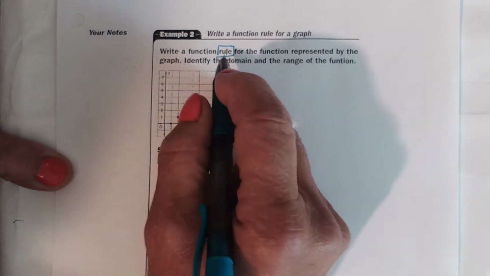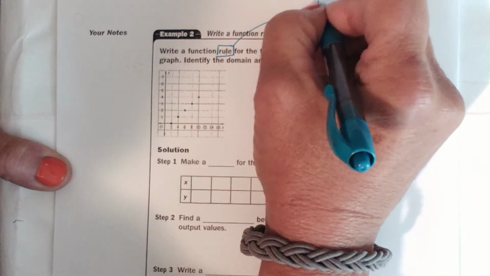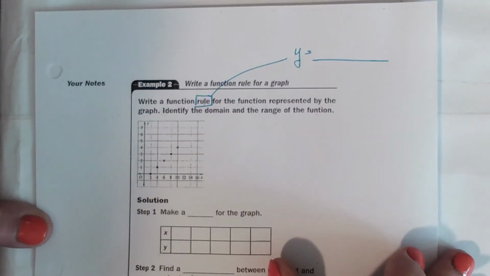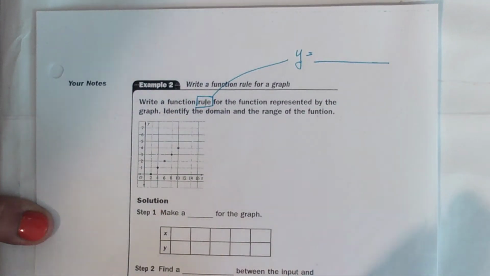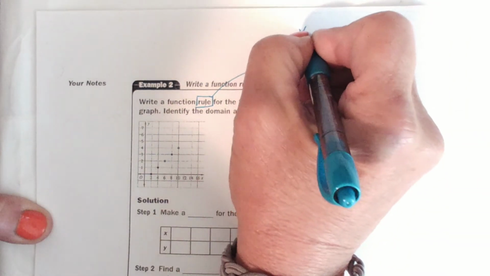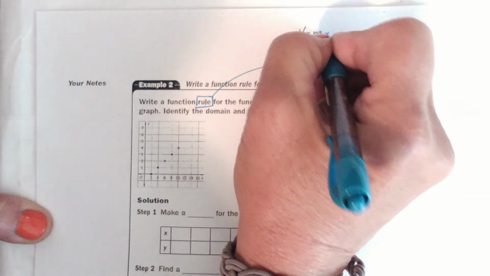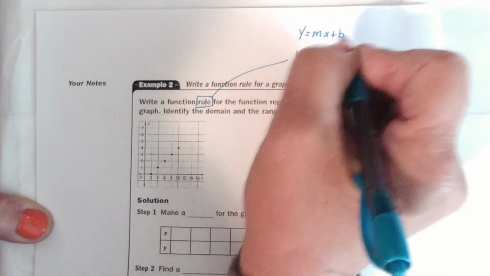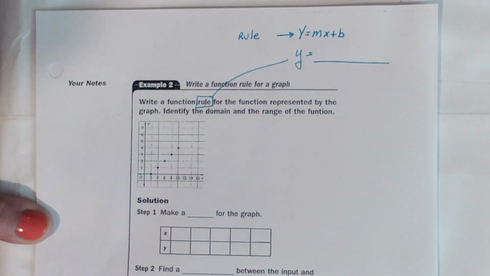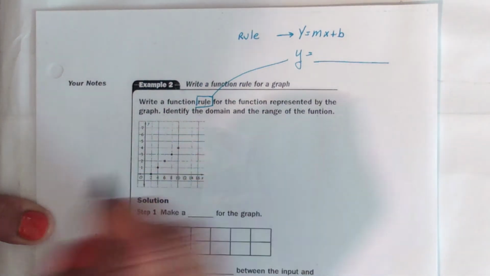And our rule will always be y equals something. Now, if you remember back to algebra last year, you might remember this as y equals mx plus b. That's a rule. Okay, and the rules that we're going to be focusing on are rules for lines.